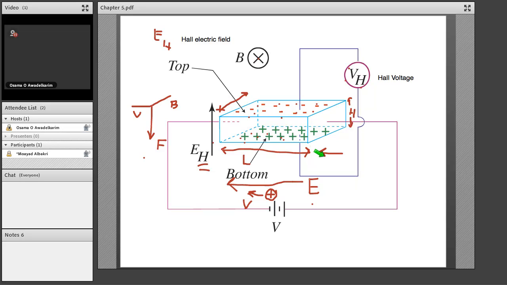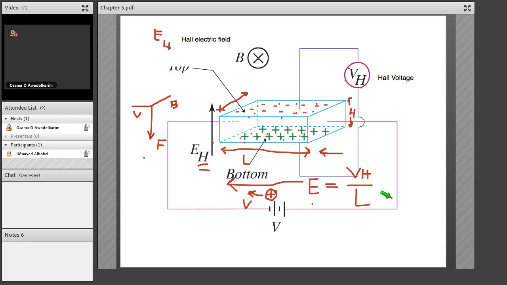This electric field E is equal to V_H, that's the voltage produced, divided by L. Because in a linear conductor like this, all these linear relationships are true. And they come actually from Poisson's equation in electromagnetics.